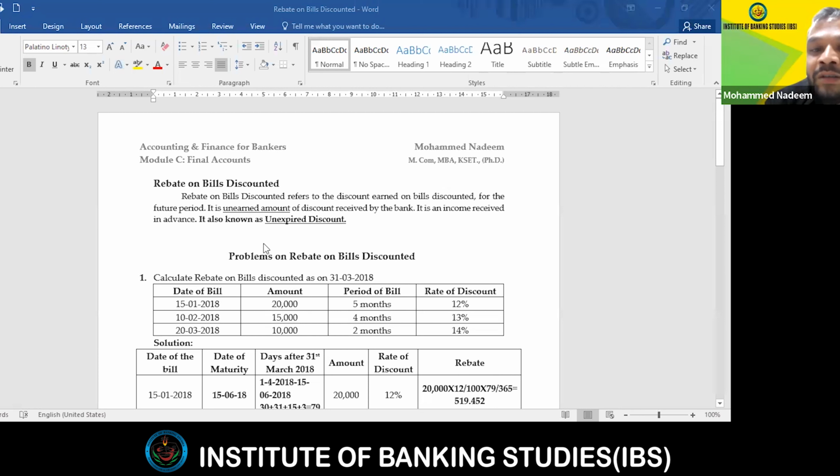So that is one related to this. I have given the example. And if that bill is crossing the financial year, then it will become a rebate for us, because on the 31st of March you have to close your books of accounts.